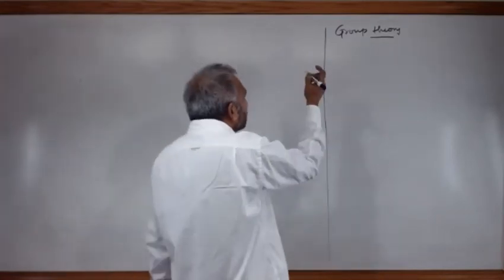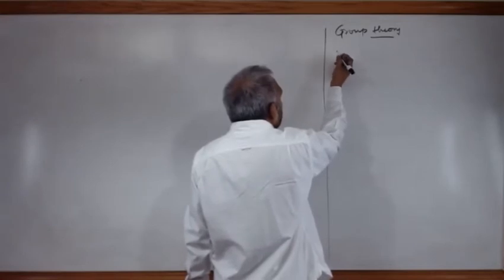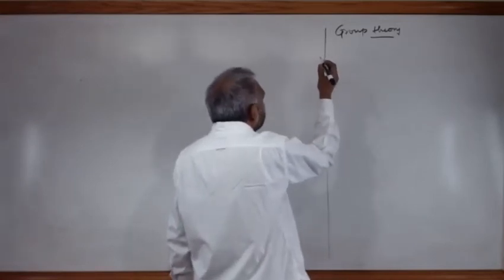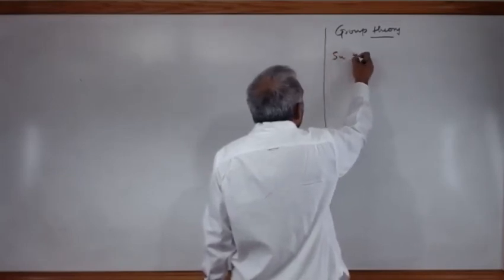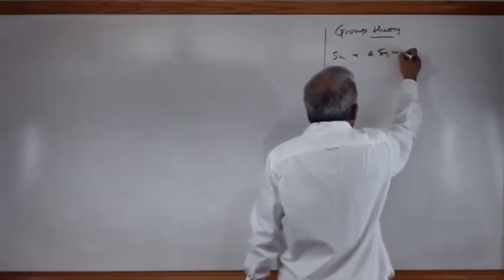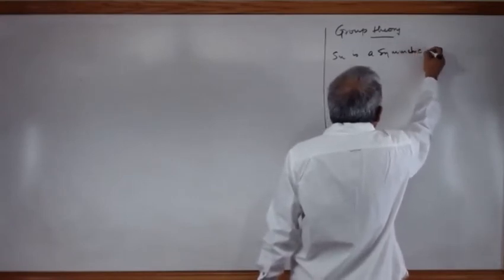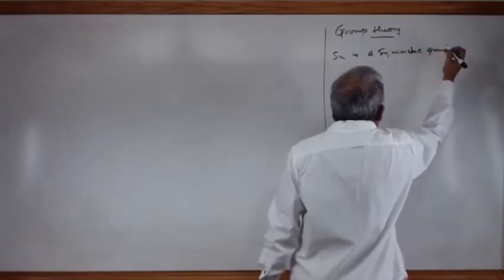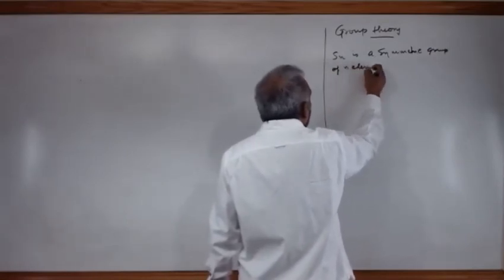I'm going to just give you the statement of that result. Sn is a symmetric group, the symmetric group of n elements.